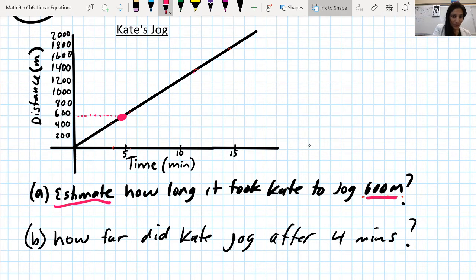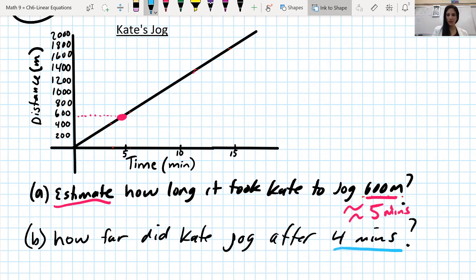So at 600 meters, we're at about 5 minutes. So you get the idea of how to use our graph in order to read the information that we need from it.